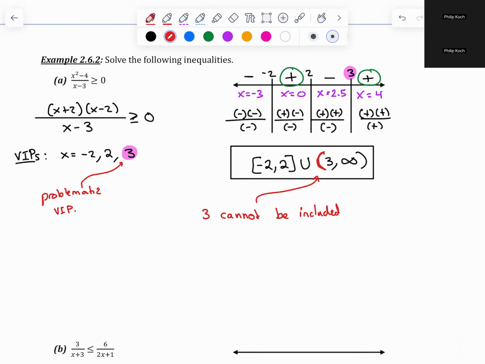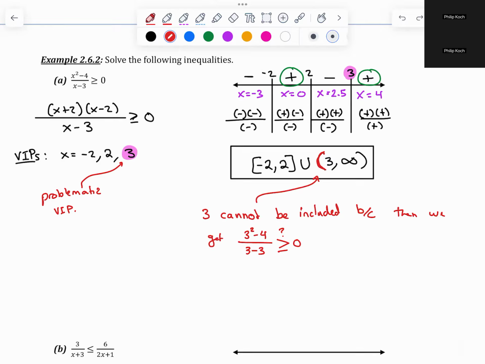But as soon as you try and plug in 3, then we get 3 squared minus 4 over 3 minus 3. Is that greater than or equal to 0? Well, that's undefined. Sorry, let's do one more step before writing that.